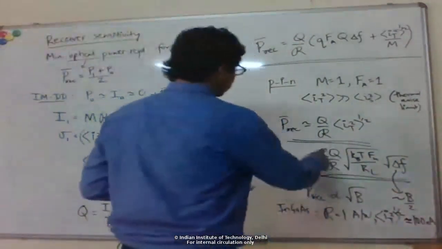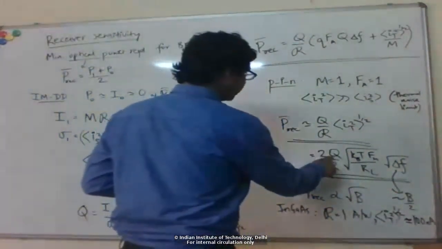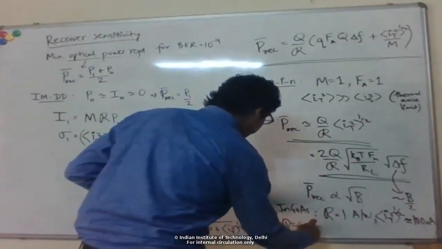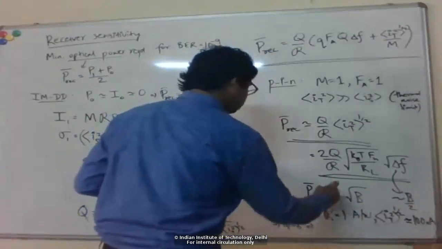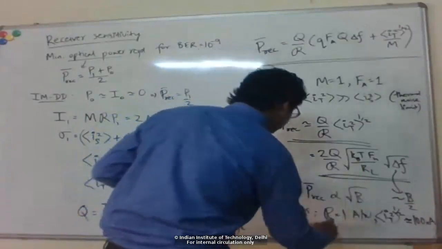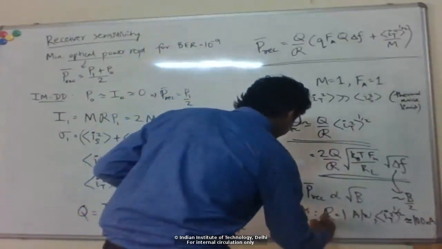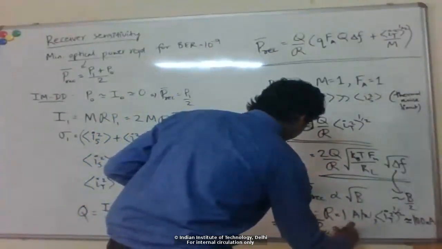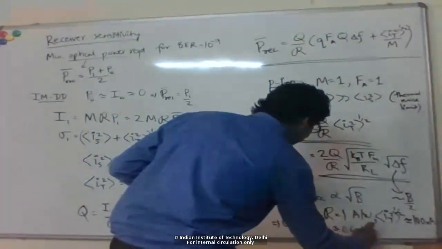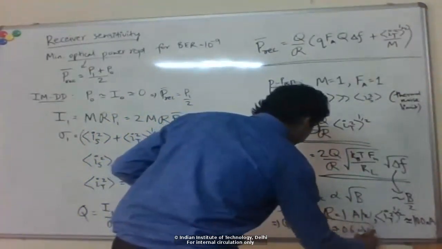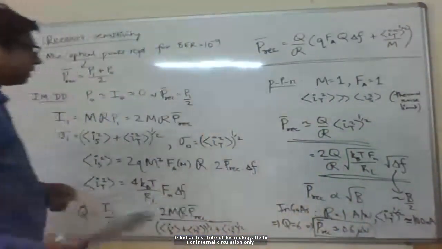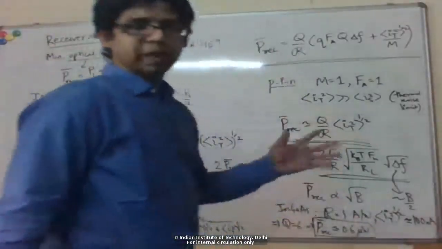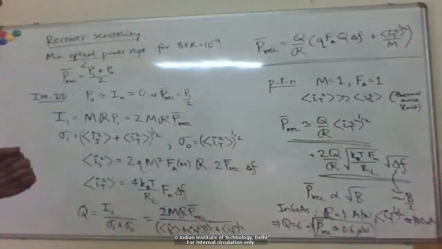So again, for BER 10 to the minus 9, we need Q equal to 6. If you substitute in this formula, the receiver sensitivity comes out to be about 0.6 microwatt, or 600 nanowatts. So that's the sort of power level we are talking about, a microwatt that we need at the receiver.